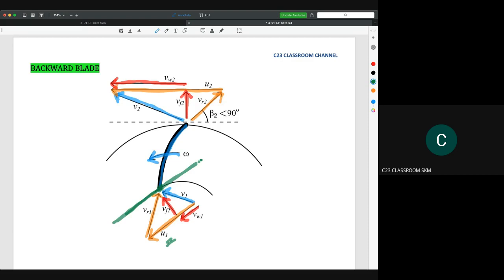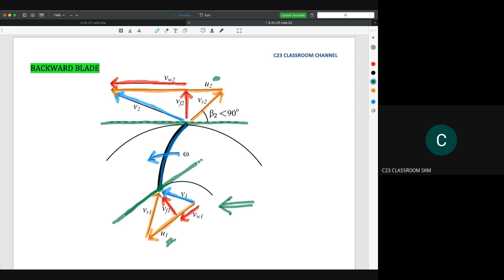So again, the U2 here is parallel with the tangent line here. That's why you see that this velocity triangle is quite shifted from the other velocity triangle. The location is shifted, but the way you draw the velocity triangle still uses the same idea.